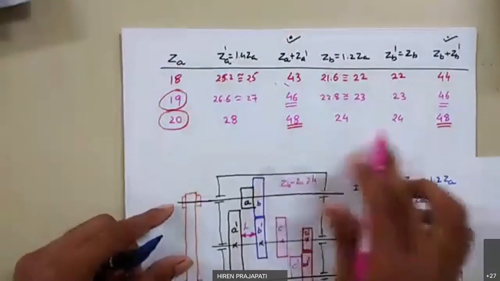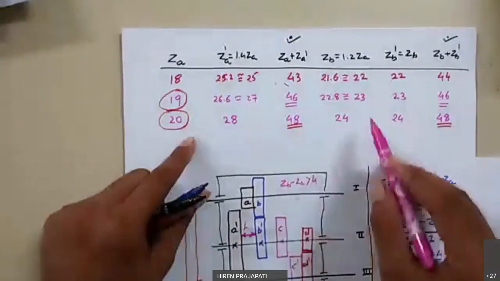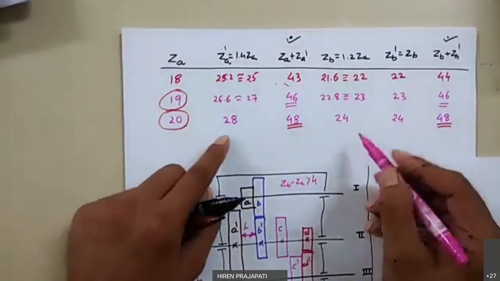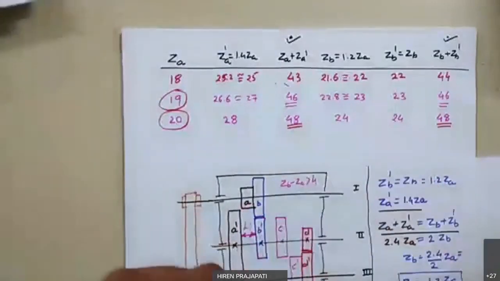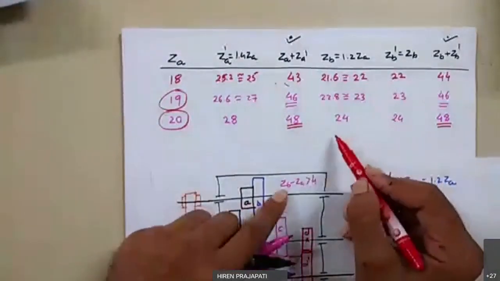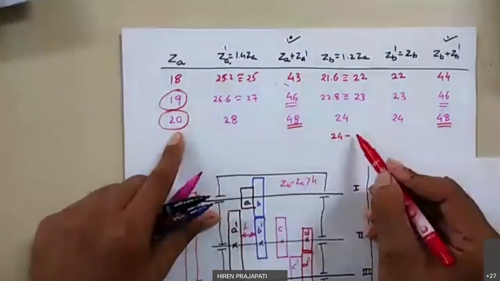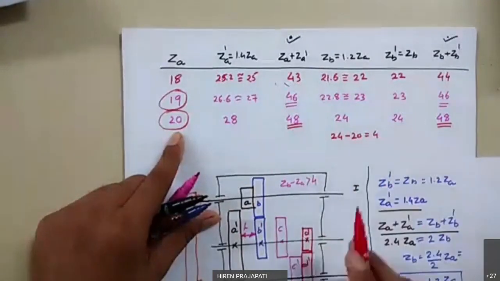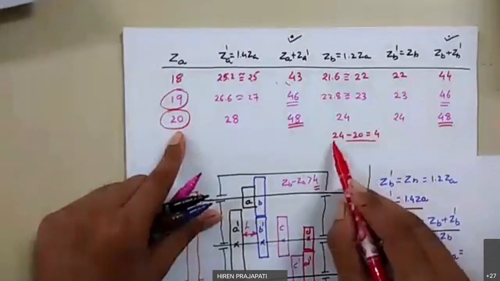So let us check whether we are getting that or not. ZB is 24, minus ZA is 20. So yes, we are able to maintain 4 exactly. That's why this is acceptable.